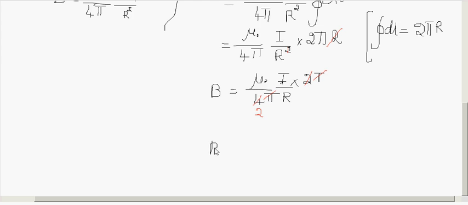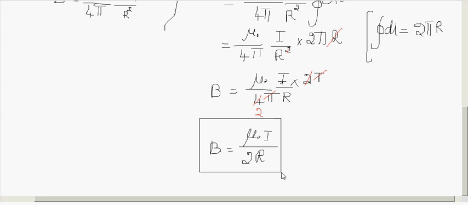The net field at the center B is equal to mu naught I divided by 2R. The field at the center of a circular loop is mu naught I by 2R.